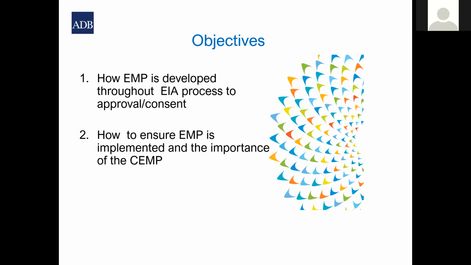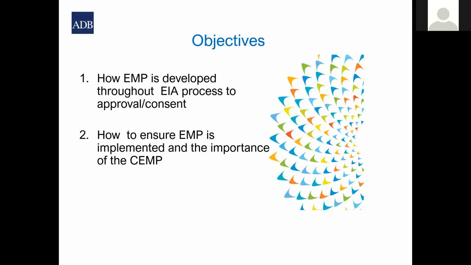In particular, we'll explain where the Environmental Management Plan development sits in the project cycle, how it is used as part of the consent and approval conditions, and then we'll go through a case study applying a risk assessment methodology in the development of the EMP for the South Paray Domestic Wharf Reconstruction Project in Port Vila, Vanuatu.